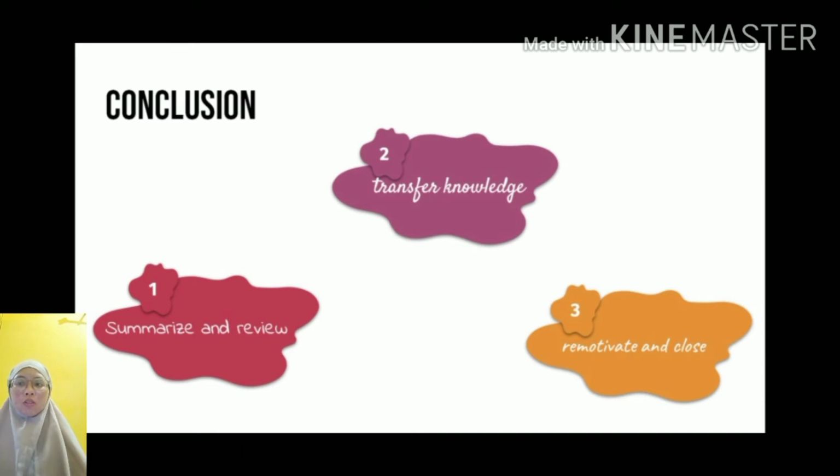It's about conclusion. A conclusion allows learners to review and elaborate recent learning so that it can be available for further application and use. Conclusion can be delivered in these ways. The first is summarize and review, or provide summary and reviews.